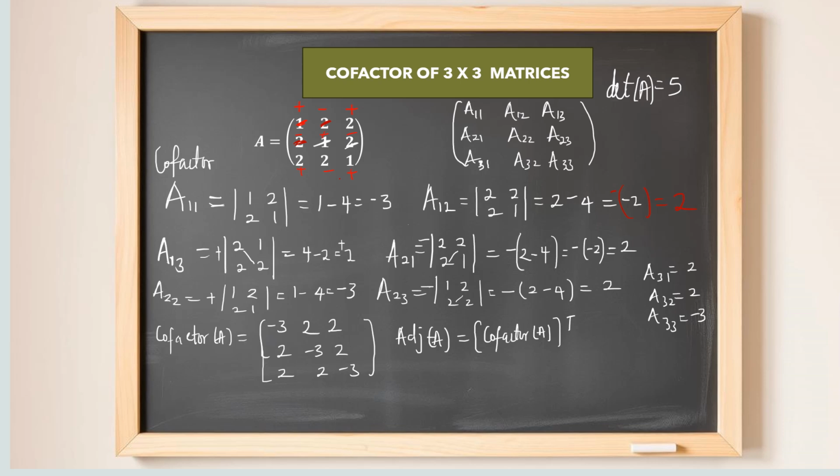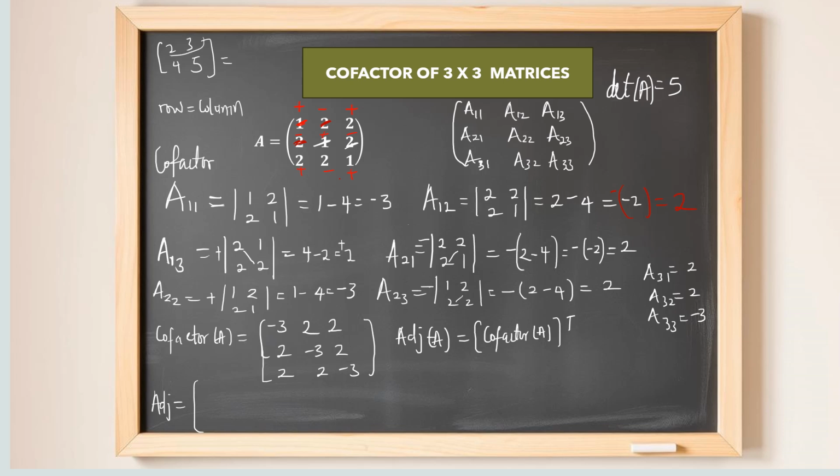Your adjoint is going to be the transpose. And what do we call a transpose? Look up here. If you have 2, 3, 4, 5, transpose means you want to change rows into columns. Row to column. That is the meaning of transpose.